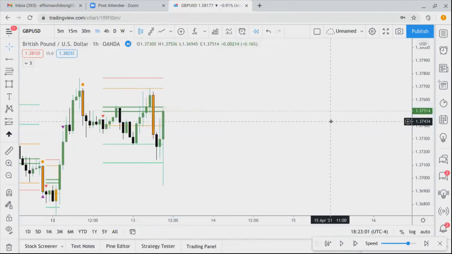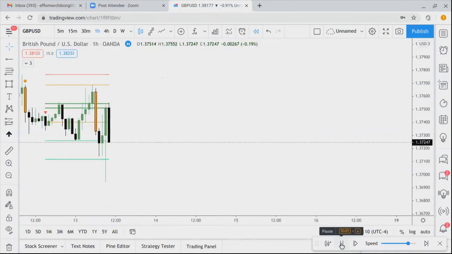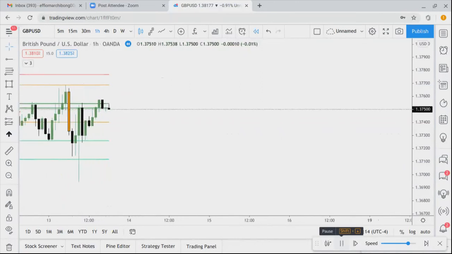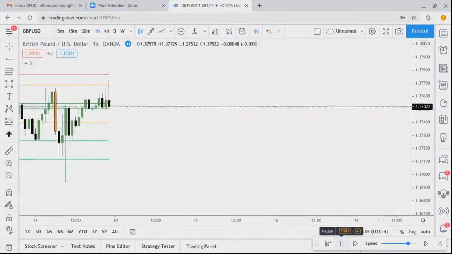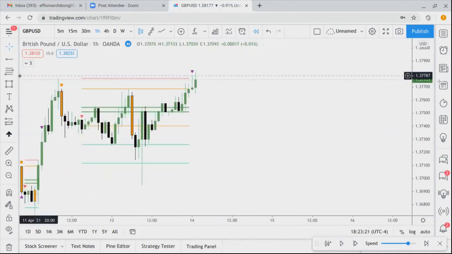Okay, so I'm going to go forward. Now that it has hit your target, now you can look for another trap. Where will it form? No idea. So let's see. Stop. Now, do you see the reason why you need to pay attention to details?